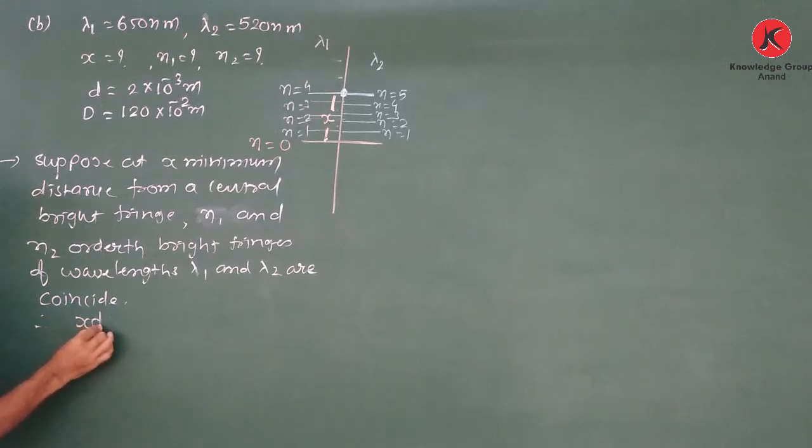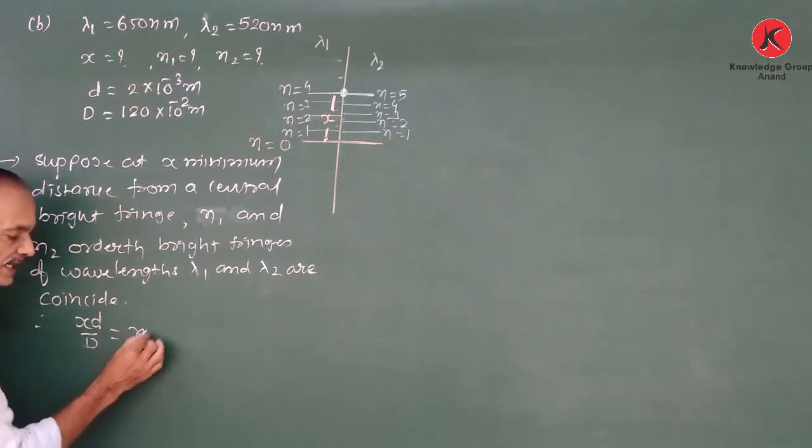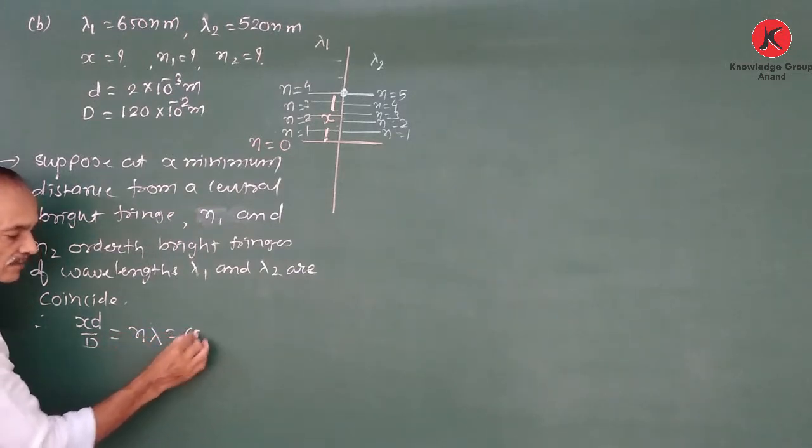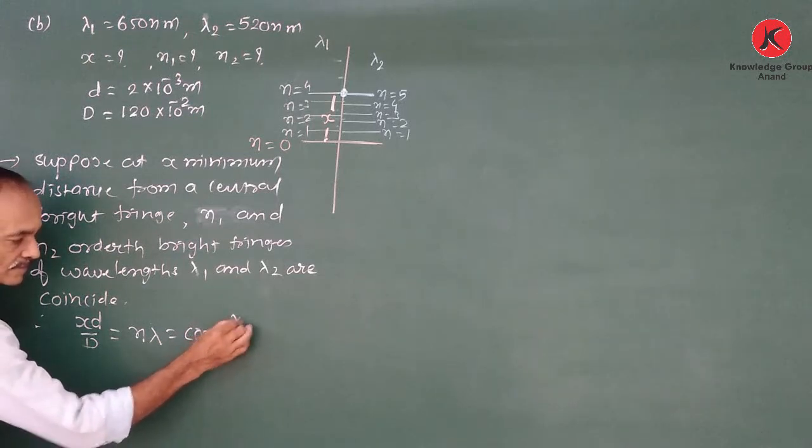Therefore, xd upon capital D is equal to nλ, which is constant.